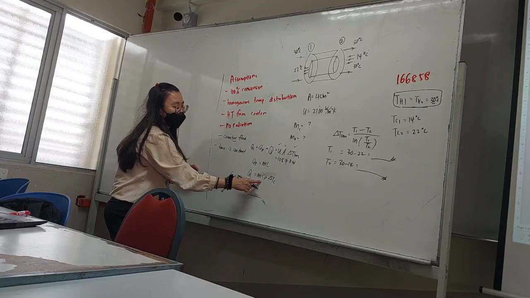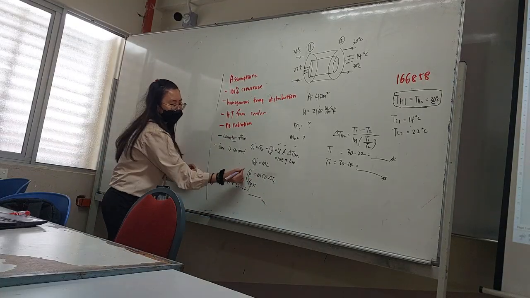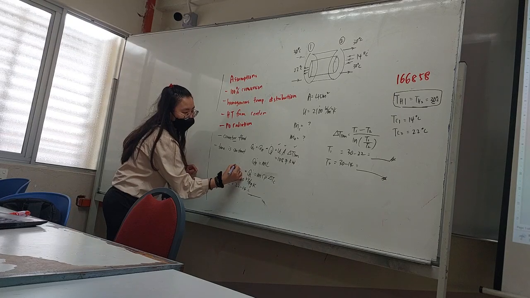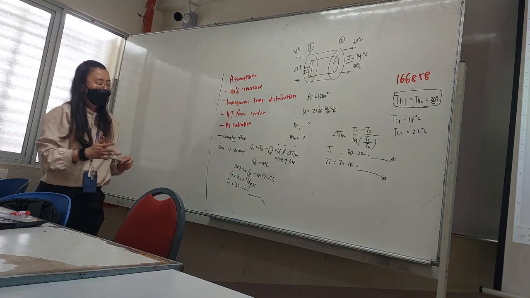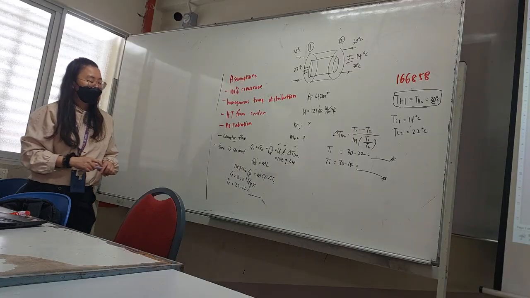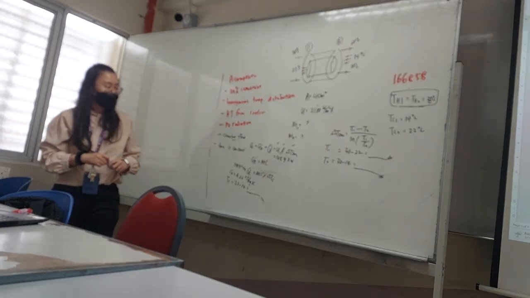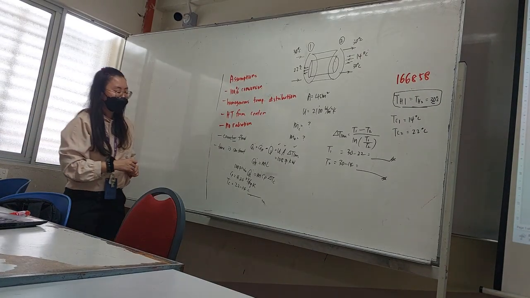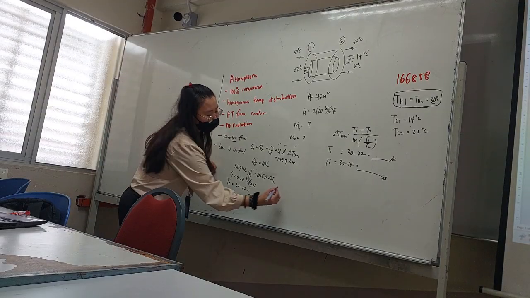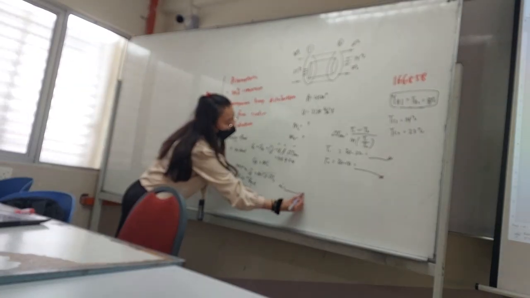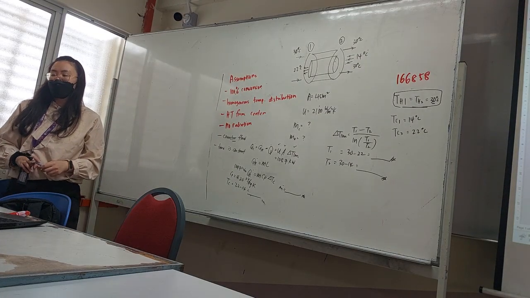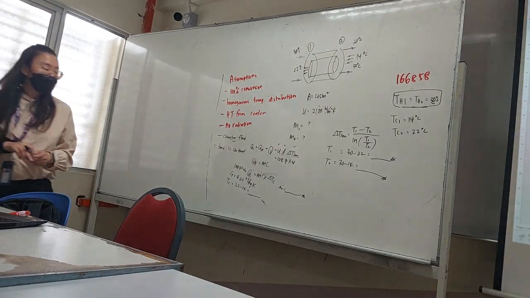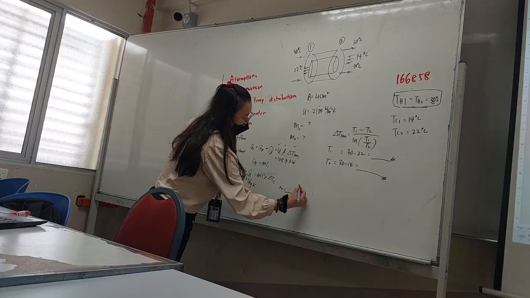So you get the M dot: QC equals your Q value, 1087 kilowatt. Then you get your M dot, in kg per second.